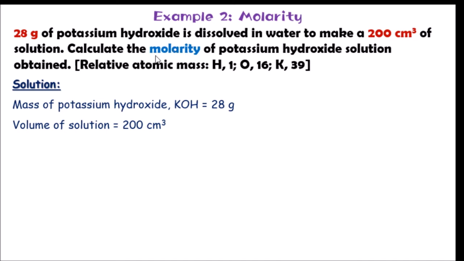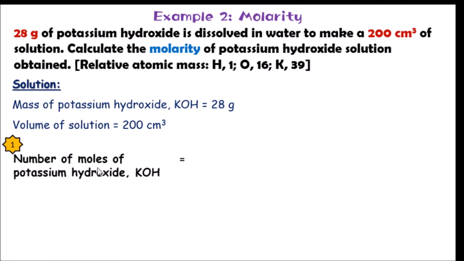Now you need to find the number of moles of the potassium hydroxide, but you are given the mass of the potassium hydroxide only. So how can you find the number of moles? You still remember, this is from the previous chapter. First step, find the number of moles of potassium hydroxide, KOH.